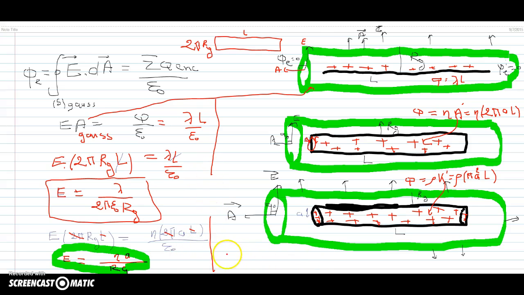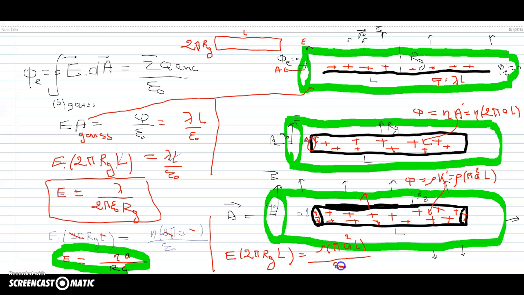electric field here. So E, the area will not change, the area of the surface of Gauss, that is 2 pi Rg, where G stands for Gauss, that means this distance here from the center of the cable to the point of interest, times L equals, now the charge is Q over epsilon 0 and the charge is rho, so this is rho, and then pi a squared times L, all divided by epsilon 0.